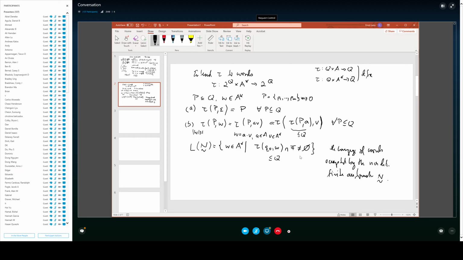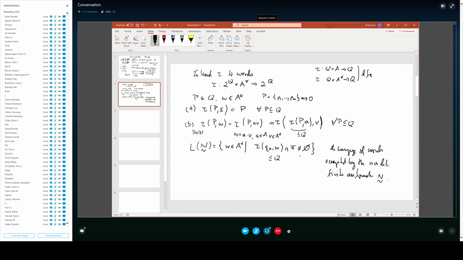So that then allows us to define what the language is, and you can easily see that this is compatible with the definition of the deterministic finite automaton.